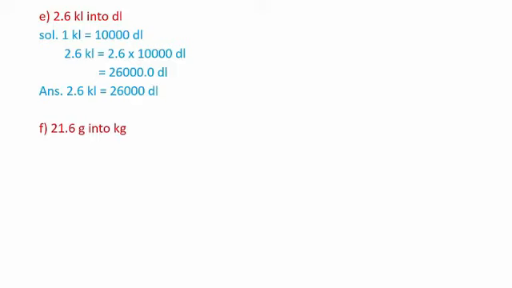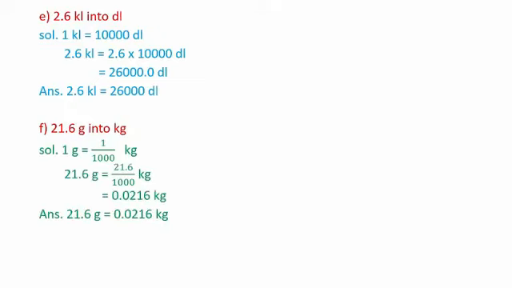Question number F, 21.6 gram into kilogram. Now we know that gram is a smaller unit and kilogram is a bigger unit. So converting a smaller unit into a bigger unit, we need to divide, and the operation will be division. The relation between gram and kilogram is 1 gram equals 1 by 1000 kilogram.